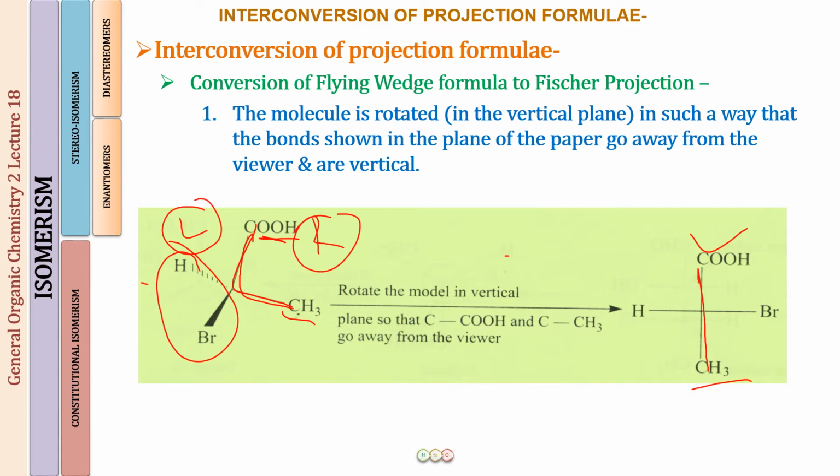See what is the group which is by the dash. Okay, so we have hydrogen by the dash. Let it remain on the left side in the Fischer projection also. So we let hydrogen remain on the left side, and the one which was represented by a solid wedge, take that to the opposite side, and we have bromine now on the right side. So this is how you do it.